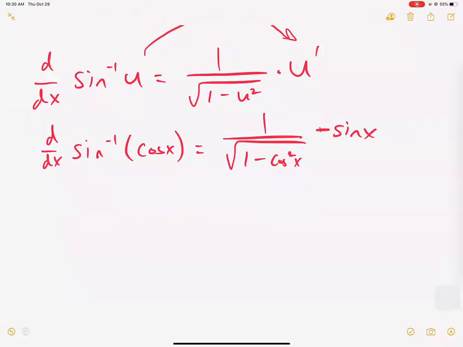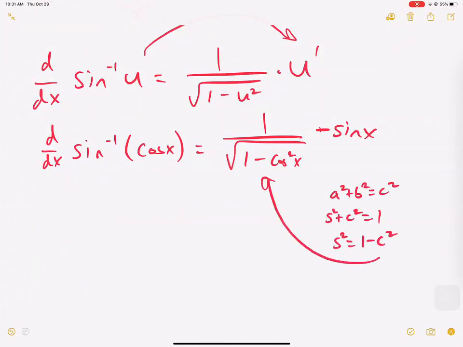If you guys remember the Pythagorean theorem, a squared plus b squared equals c squared, which is also sine squared plus cosine squared is equal to 1. If I rewrite this as sine squared equals 1 minus cosine squared, you can rewrite it as 1 over the square root of sine squared times negative sine of x.